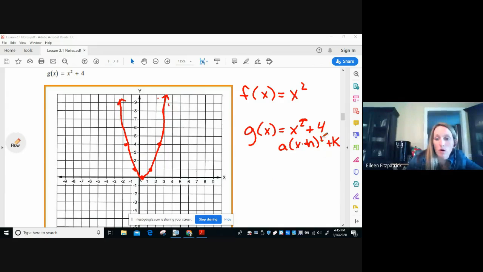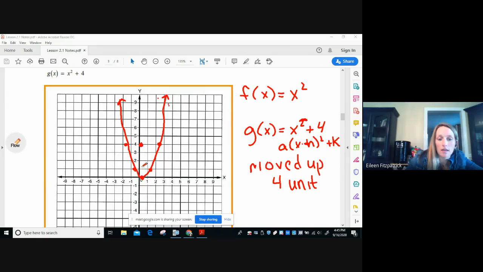That means the 4 is telling you that you moved up 4 units. So if you moved up 4 units, all you're going to do to graph your new function is plot each of these points up 4 units. So 1, 2, 3, 4, right there.